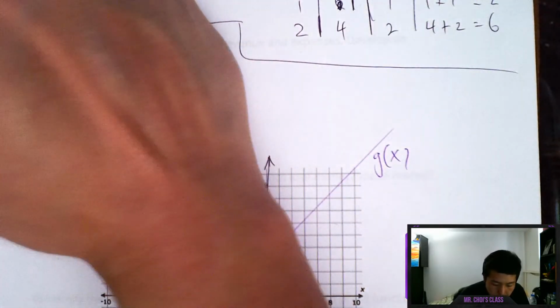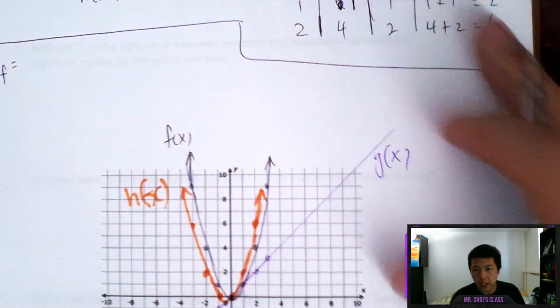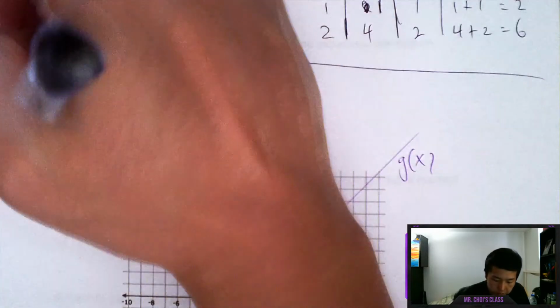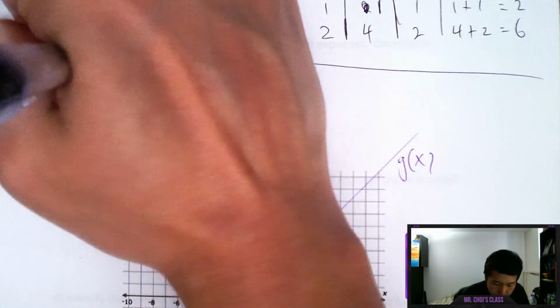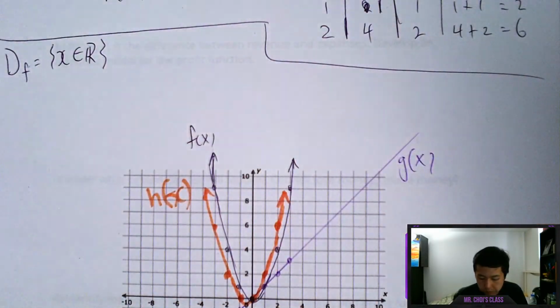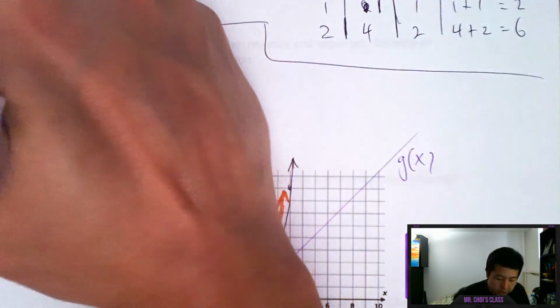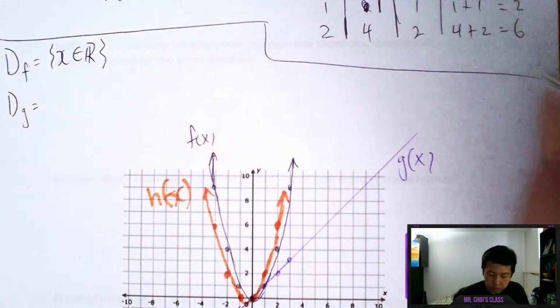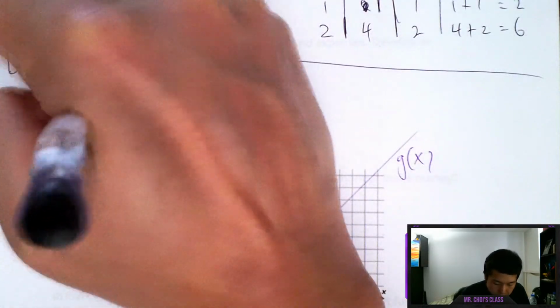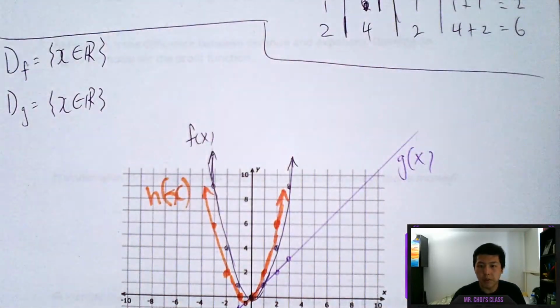Let's talk about the domains. The domain of the function f is x is any real number. The domain of g is also x is any real number.